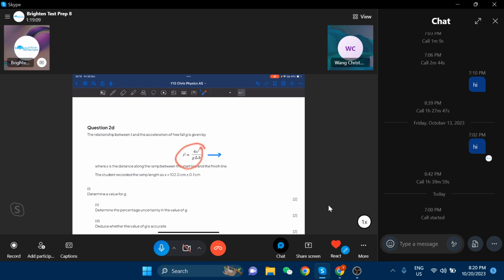So we have a formula here, but does the formula show how G is calculated already or not? Just this formula, does it calculate G or not?